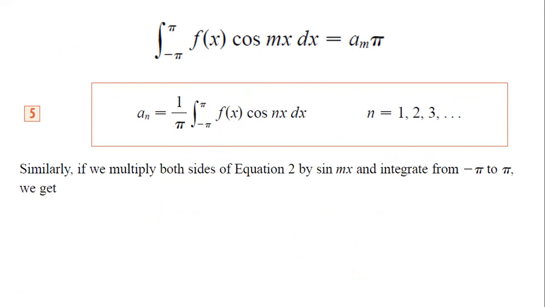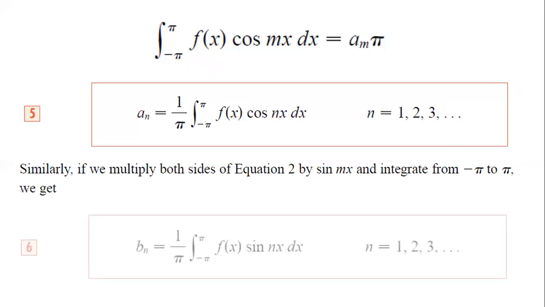Similarly, we can multiply both sides of equation 2, this time by sine mx, no, and integrate from negative pi to pi, then we can obtain the formula for b sub n. So 1 over pi times the integral of f of x sine nx dx from negative pi to pi.